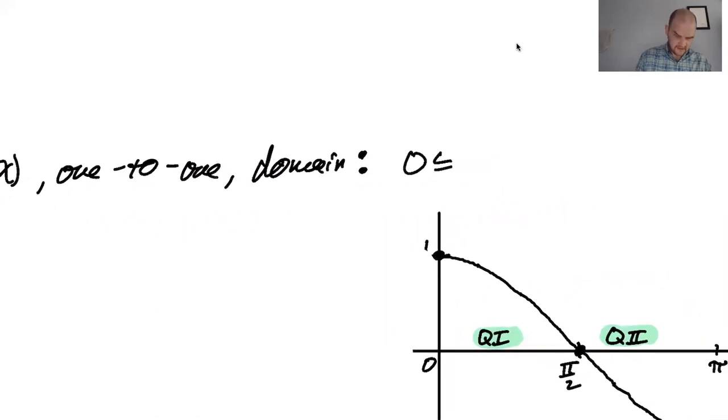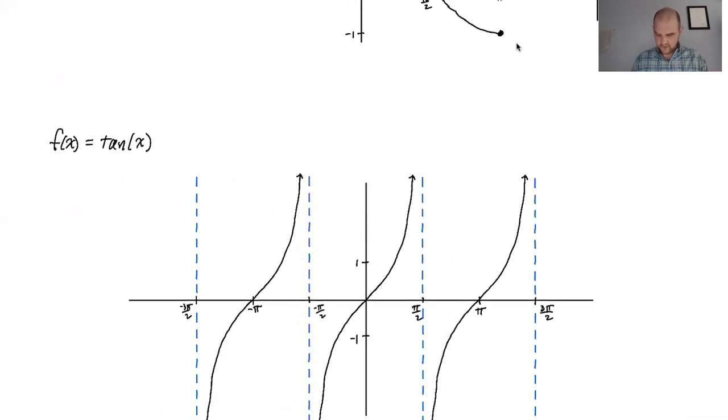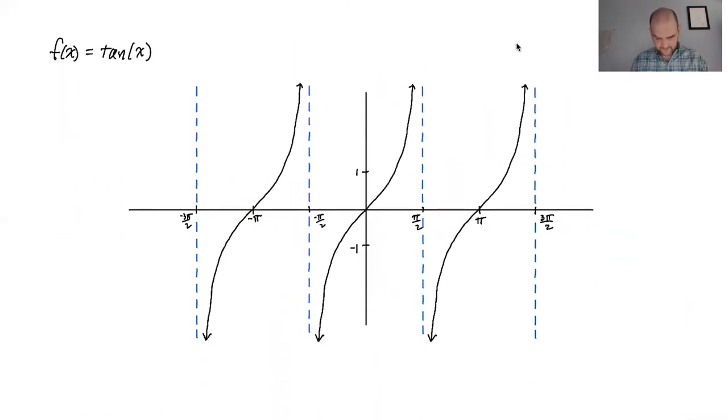No, I'm using x. Everyone agrees that this is the domain that we use for our 1-to-1 graph, which means everyone agrees that the range of inverse cosine is 0 to pi. So you have to use the standard thing. You grab a calculator, you evaluate it, and it's going to give you these answers. So it's really important that you recognize that.